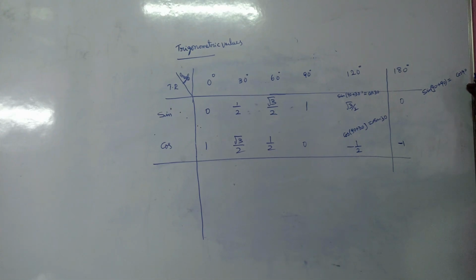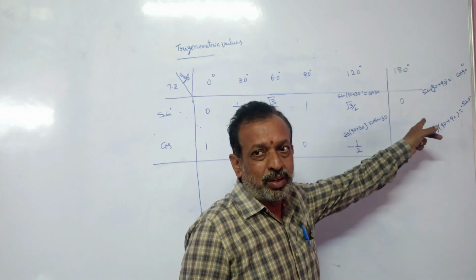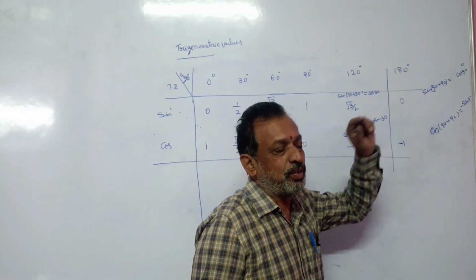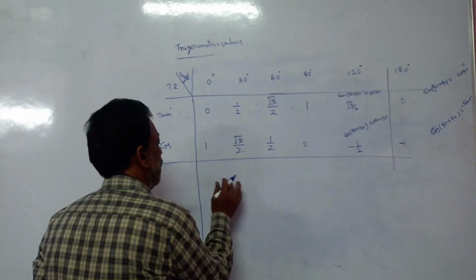Cos 90 is 0, and the second quadrant has positive sin, so sin 180 is 0. Cos 180 is minus 1. Did you all get it?